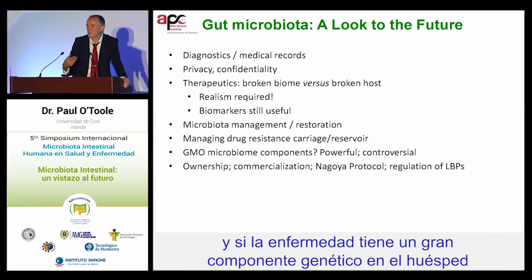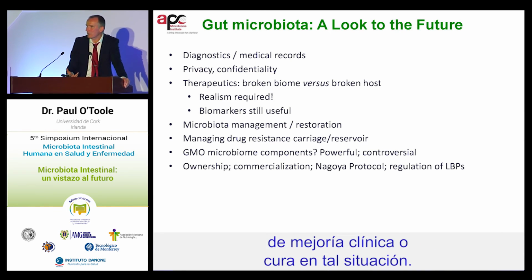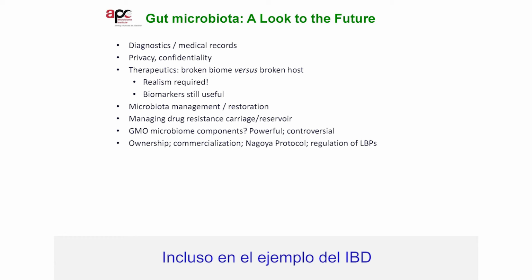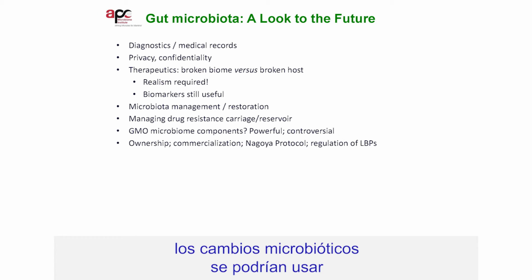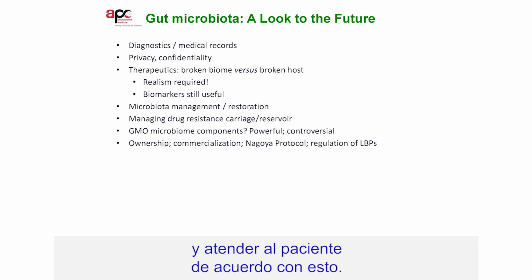If the host has strong genetic components in the disease, you have to be realistic about the potential for giving clinical amelioration or cure in that case. However, biomarkers may still be useful. Even in the example of IBD, it could be that the microbiota changes can be used to detect a flare-up, and management of the patient can be handled accordingly.